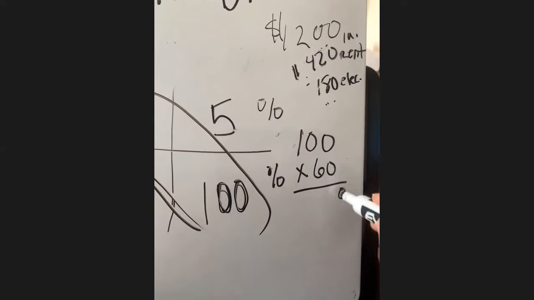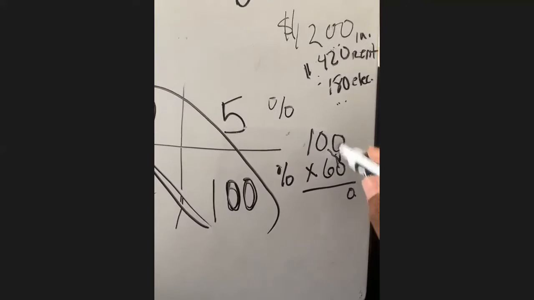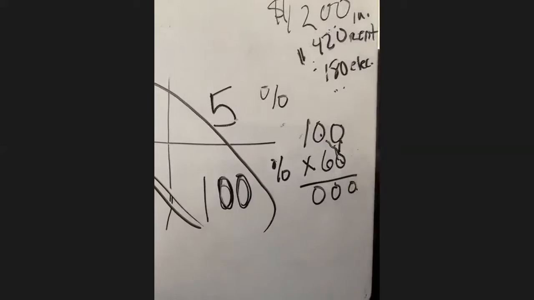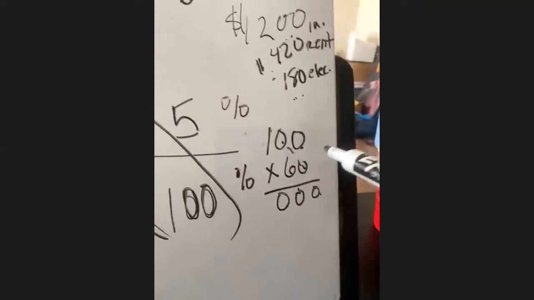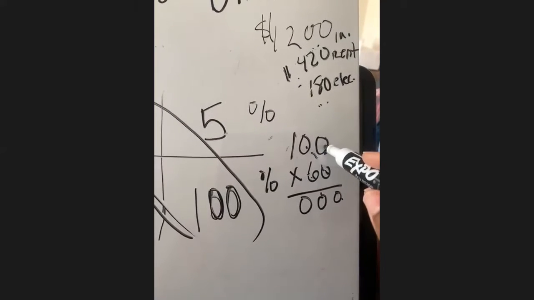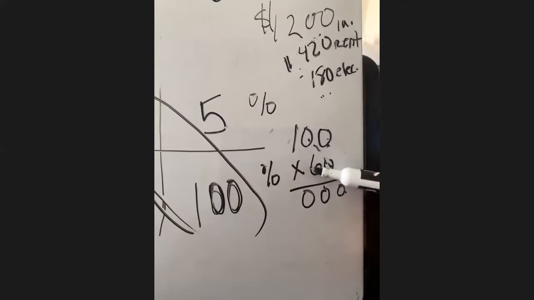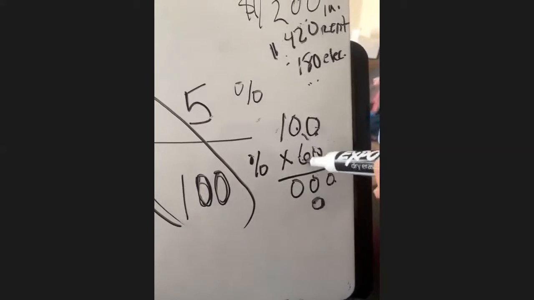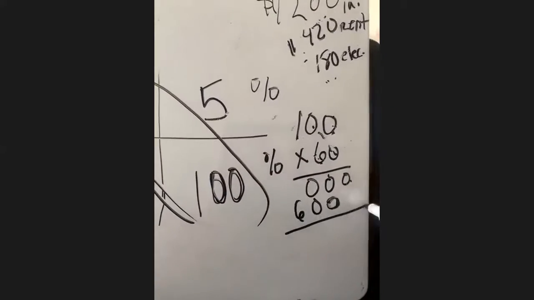And you would say 0, 0, 0. And then we'll come back, and we'll take 6 times 0. Remember, we're here, 6 times 0. And since we're at the second number, we'll put our 0 here. 6 times 0, 6 times 1 is 6, okay?